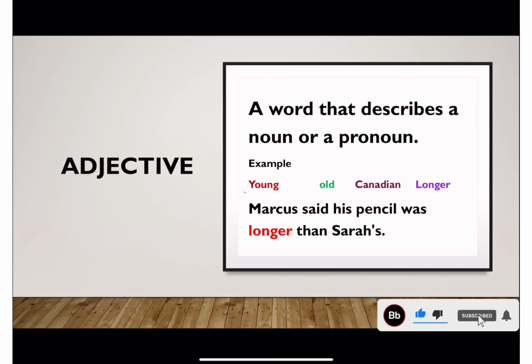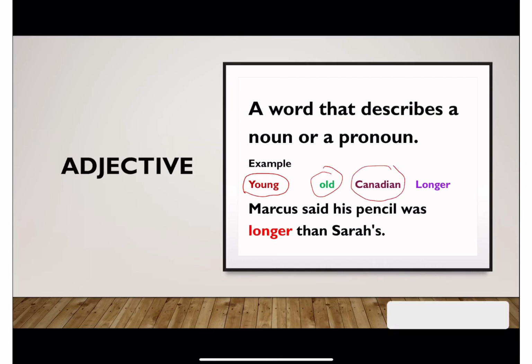So I could say, she's young. What am I saying? That she's a young person. Or I could say, oh, she's the younger of the two. That would indicate that one is older than the other one. If I say, oh, she's Canadian, that means she comes from Canada. Or she's American. She's from America. She's Jamaican. She's from Jamaica.